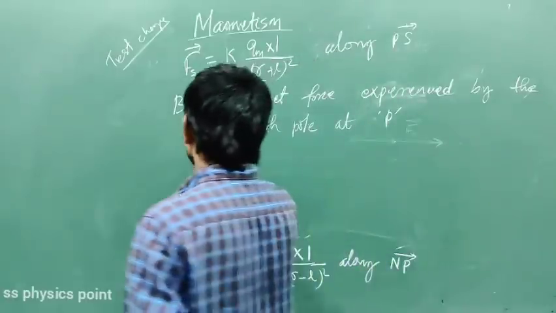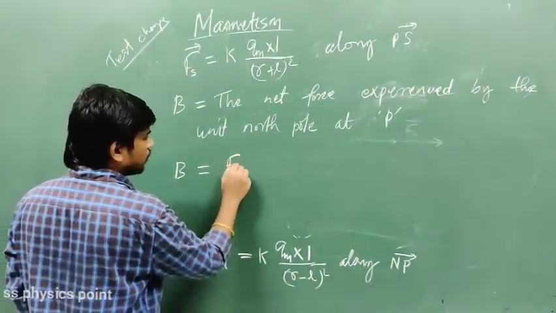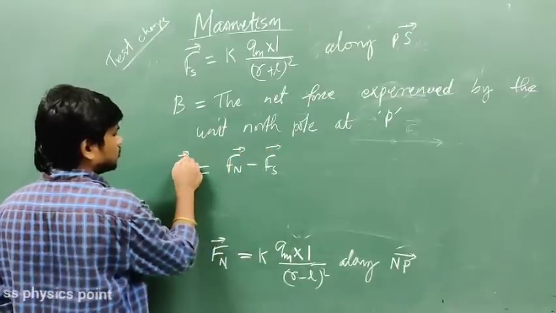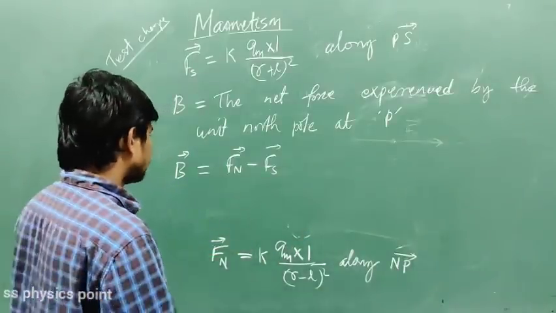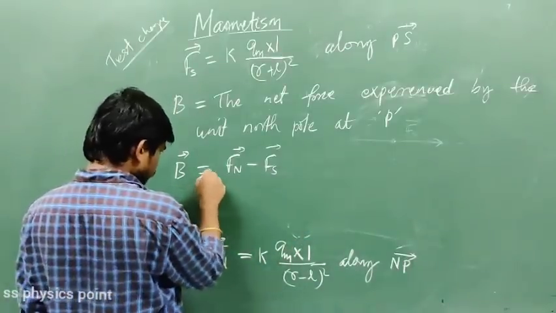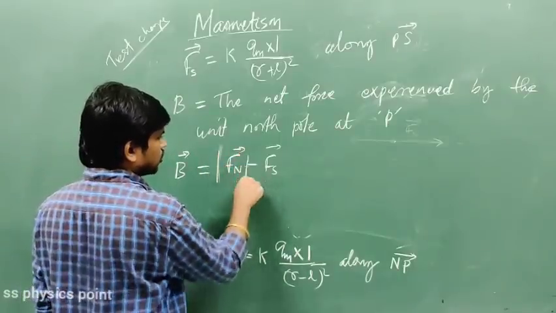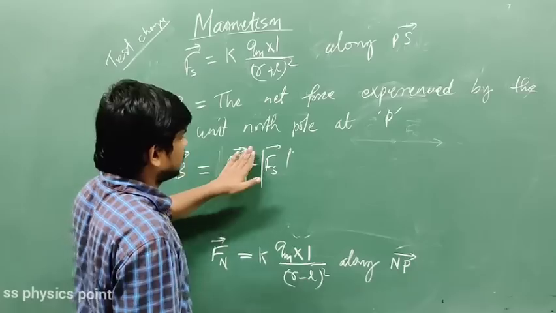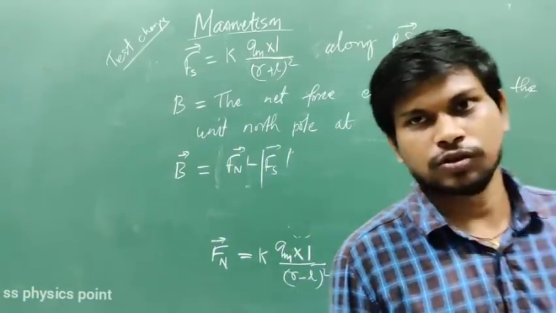Same thing. So you can write here that B should be equal to Fn minus Fs. Just take it, I am taking only the magnitude. You can give the magnitude line also, or you just write Fn minus Fs, your wish.